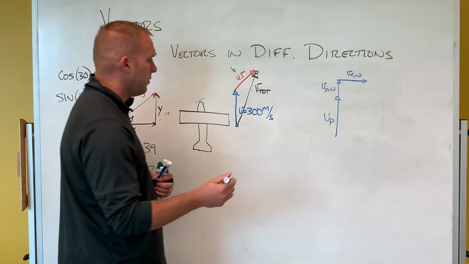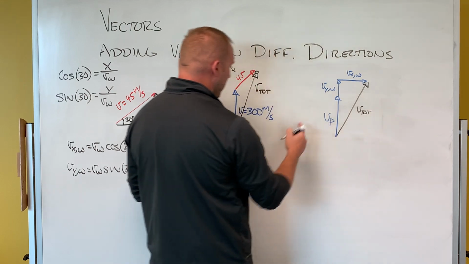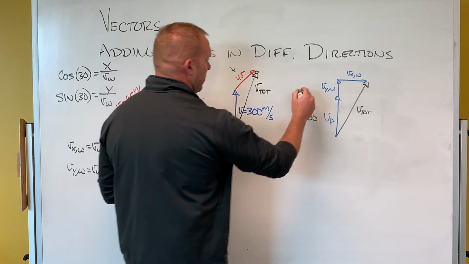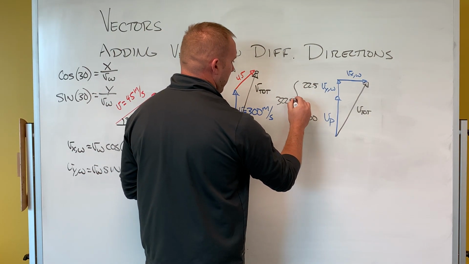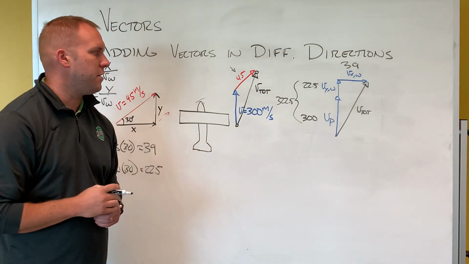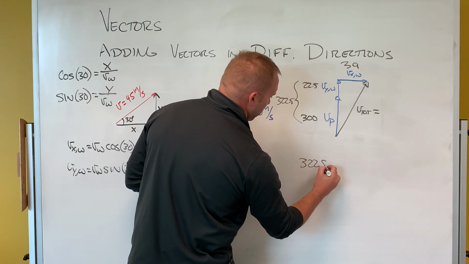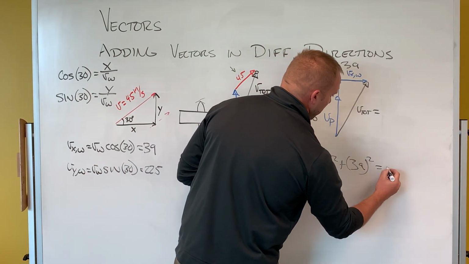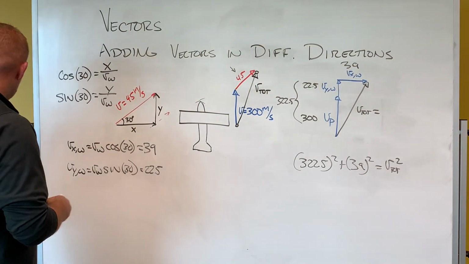Now I can find my total velocity, because this simply becomes 300 plus 22.5. So this side is 322.5, and now this side is 39. And I can simply use the Pythagorean theorem to determine my total velocity. So it's 322.5 squared plus 39 squared equals the velocity total squared. So I have to make sure that I take the square root in the end.